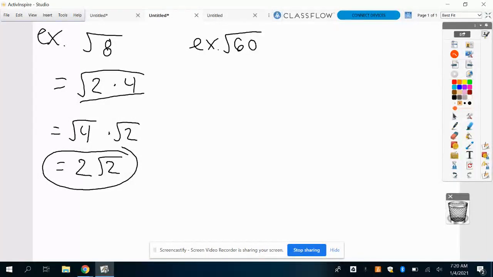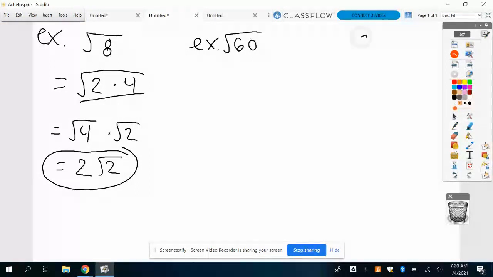So the easy way to go about this is bringing back up our factor trees. So you would find the prime factorization of 60. If you remember, basically we take our prime numbers. Prime numbers are 2, 3, 5, 7, right? Those are all prime numbers, and you come up with your factor tree.